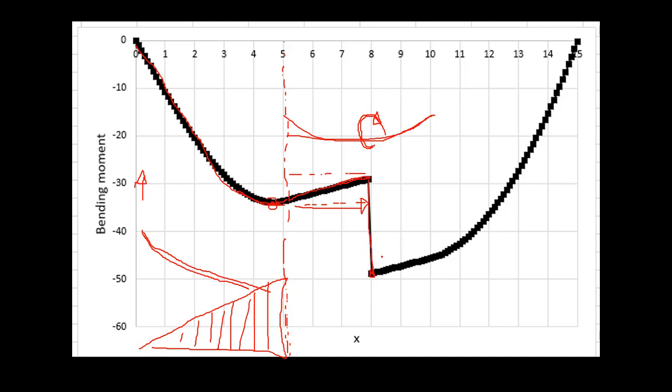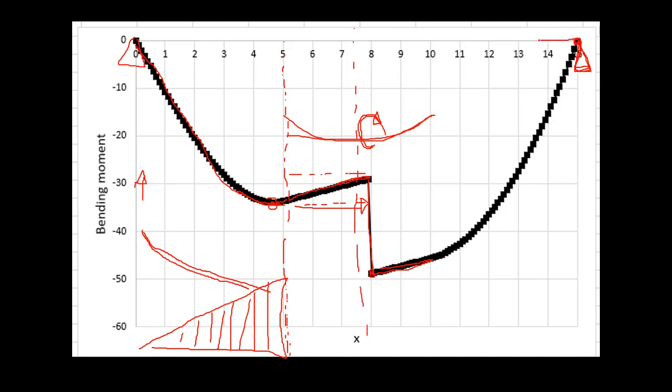So if you go to here, at the ends you should have a zero bending moment. Why? There's a pin support. So now you have gone halfway through this beam.